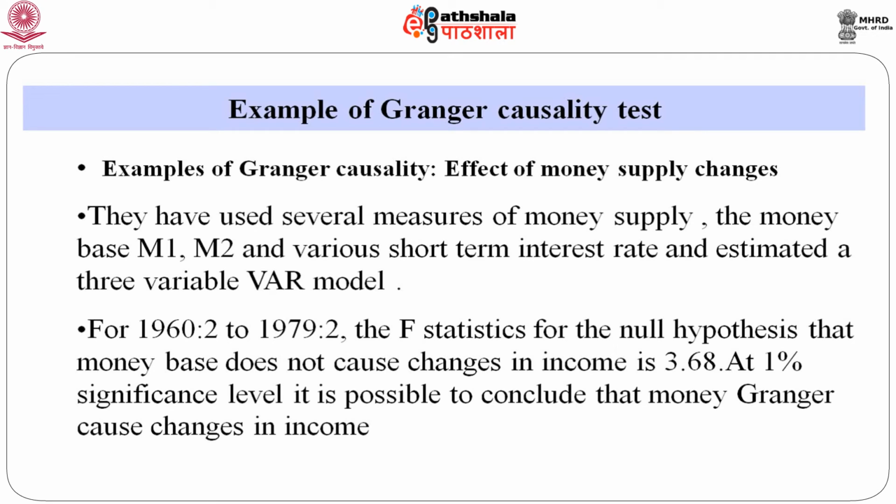So, from the F statistics, it is possible to conclude that money supply actually Granger causes changes in income. So, Friedman and others have found that there is an effect of changes in money supply on future changes in GNP, and they have in fact shown that changes in money supply actually Granger cause the changes in income.